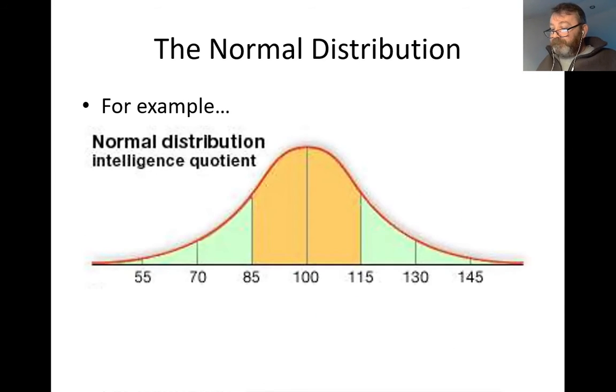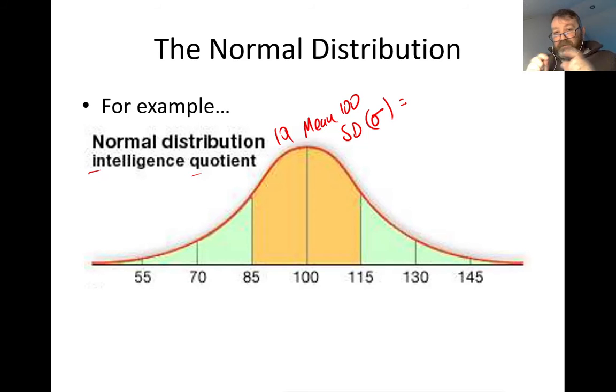So for example, normal distribution intelligent quotient. Now, what does that mean? That's IQ. How do I read this table? Well, first of all, here is the mean. So there's an IQ mean of 100. Now, what's the standard deviation? Sigma.